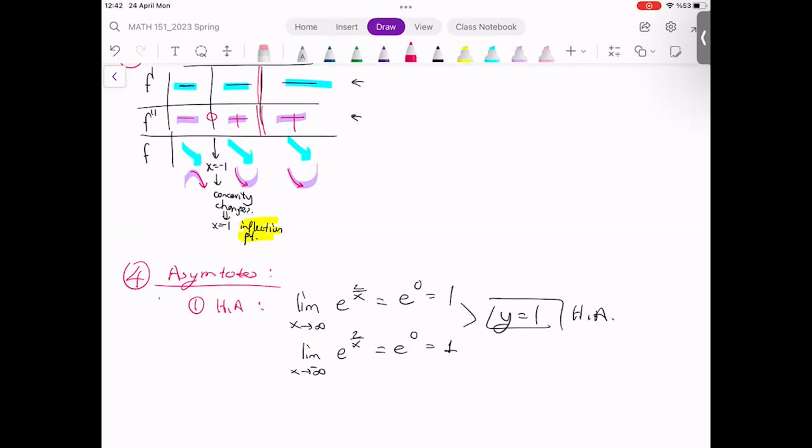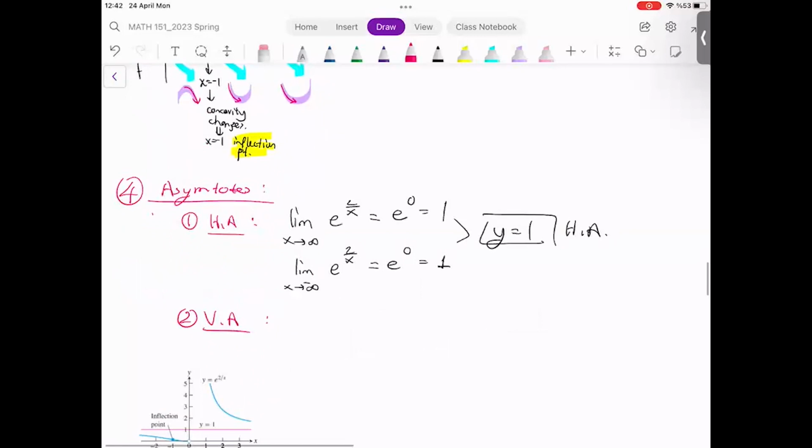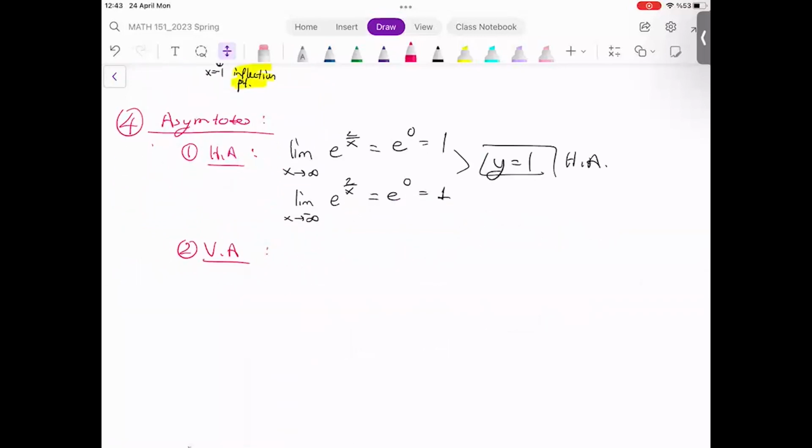Second, vertical asymptote. To detect a candidate for a vertical asymptote, you will search for any denominators where your function becomes undefined. f of x is given as e to the power 2 over x. So from here, you see that x equals 0 makes your function undefined.